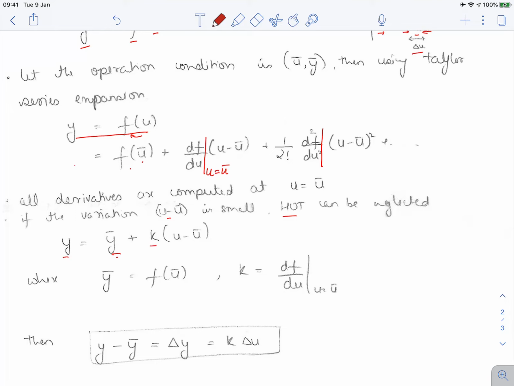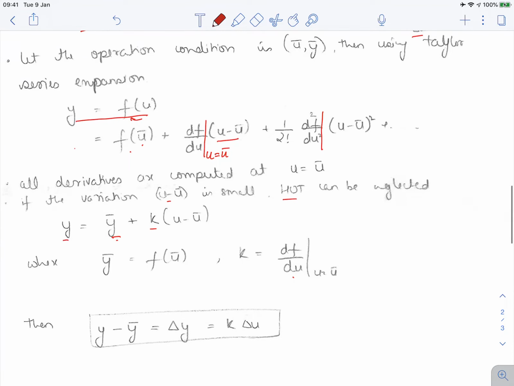Okay, which we have labeled as some constant k, and we kept u minus u bar, where y bar is equal to f of u bar and k is equal to df by du at u is equal to u bar. So the final expression we have obtained is y minus y bar, which is nothing but delta y, is equal to k times delta u, and delta u is nothing but u minus u bar.